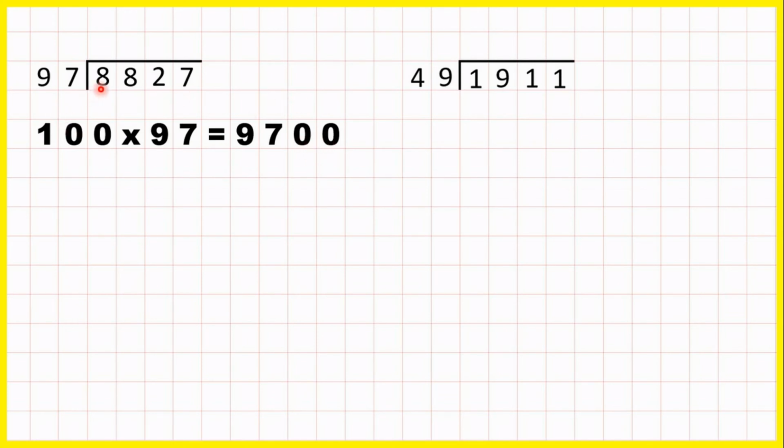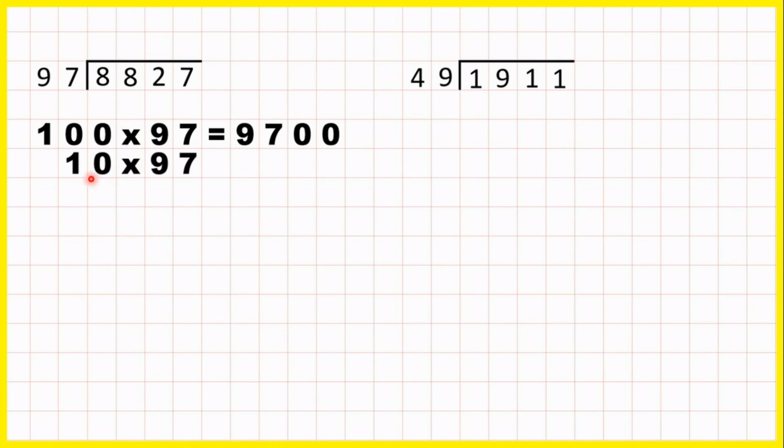And notice that 8,827 is fairly close to 9,700, so I know that my answer is going to be something fairly close to 100. But because the number we're dividing by is less than 100 times, I know that it's going to be less than 100.